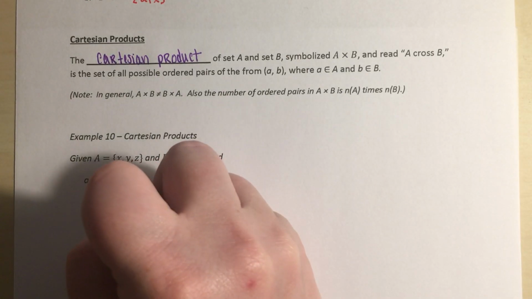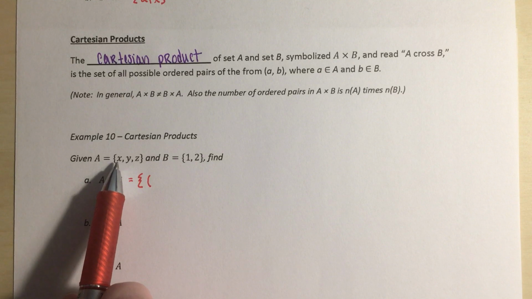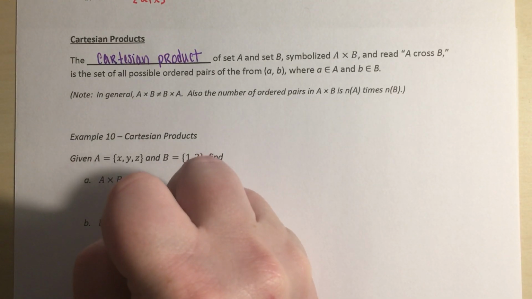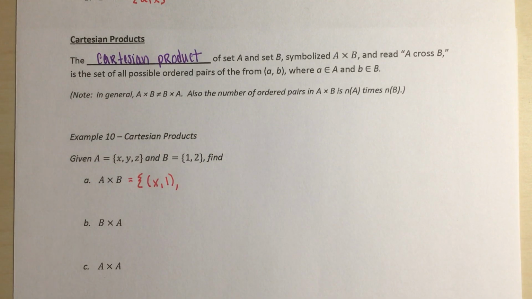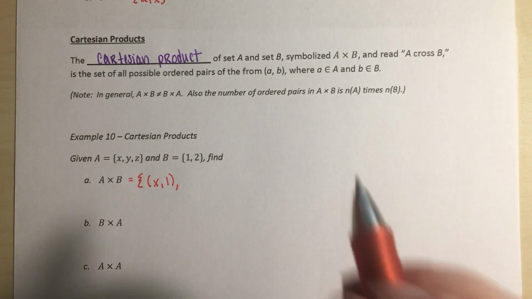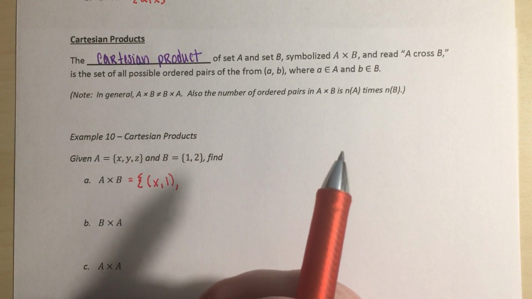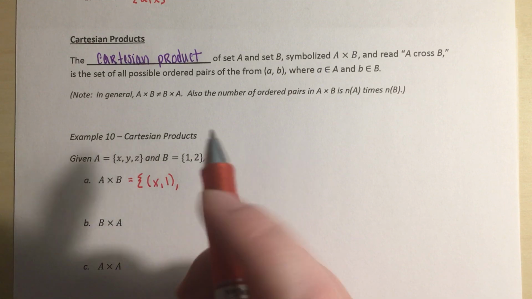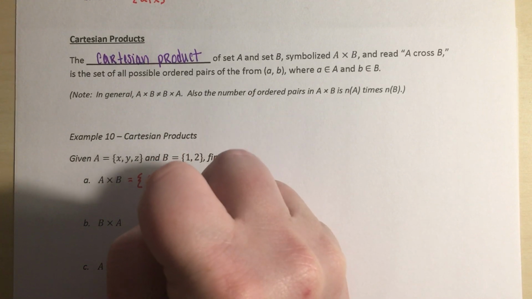All right, so they're going to be ordered pairs. So my first ordered pair, we're going to pick something from A and match it with something from B. So I'm going to pick X, and I'm going to match it with the number 1. Then, you can kind of work through this however you want to, I'm going to pick X again, and this time I'm going to match it with the number 2.